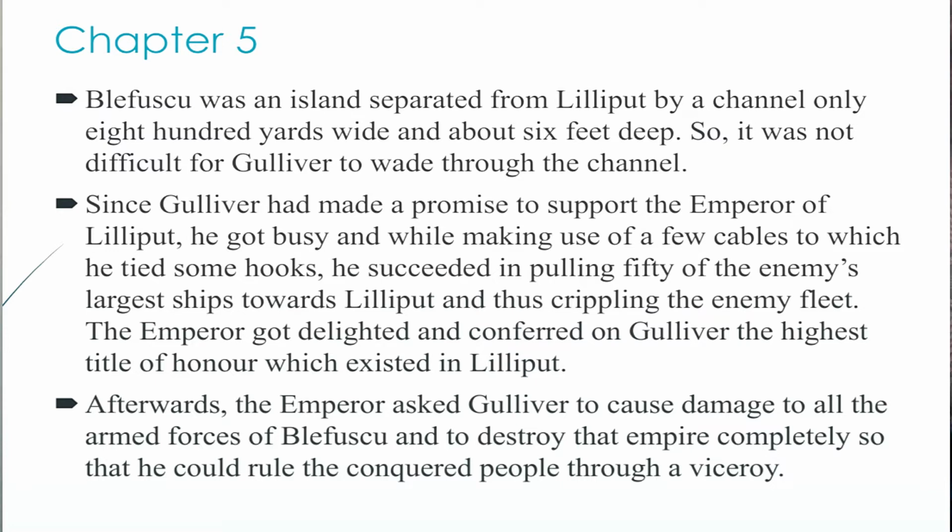The Emperor was delighted and conferred on Gulliver the highest title of honor which existed in Lilliput. Afterwards, the Emperor asked Gulliver to cause damage to all the armed forces of Blefuscu and to destroy that empire completely so that he could rule the conquered people through a viceroy.